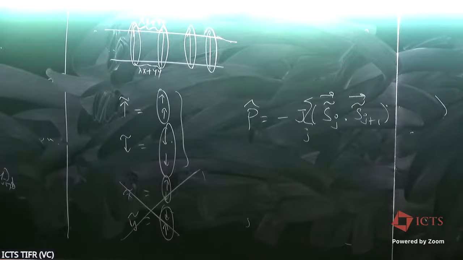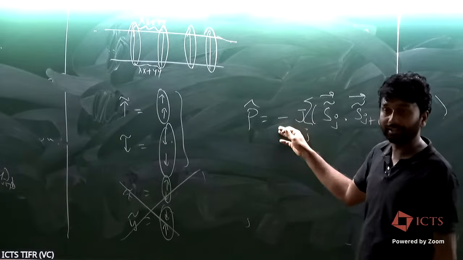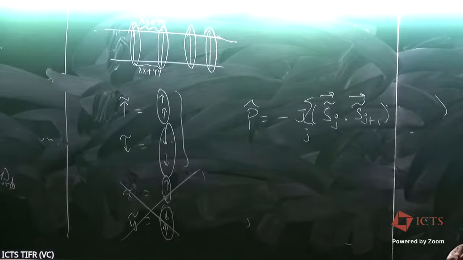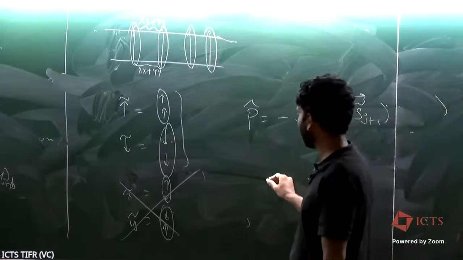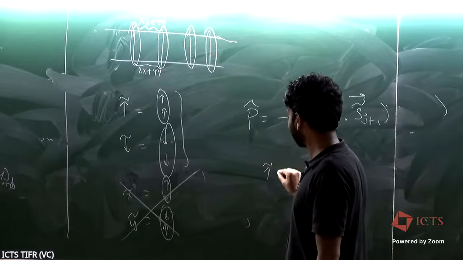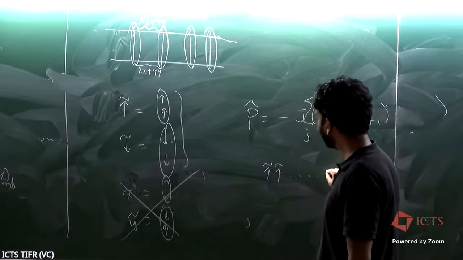So you get these Heisenberg models. So this is also a ferromagnetic Heisenberg model. The ground states of this ferromagnetic Heisenberg model are well known. So these are just this full SU(2) multiplet.